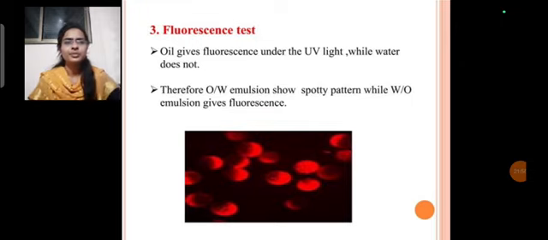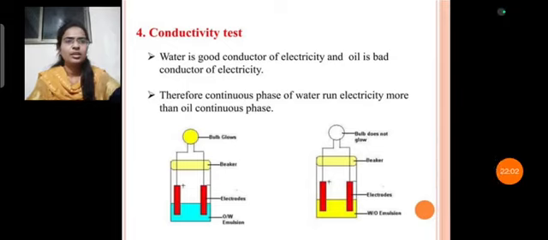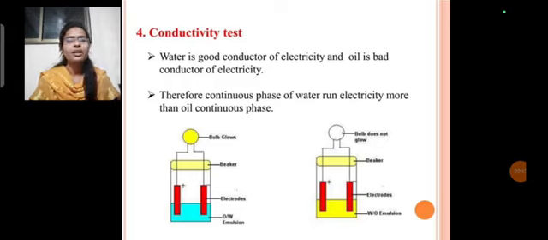Then next is the conductivity test. In that, water is a good conductor of electricity while oil is a bad conductor. Therefore, a continuous phase of water conducts electricity more than an oil continuous phase. See the first diagram, there is an O/W type of emulsion.